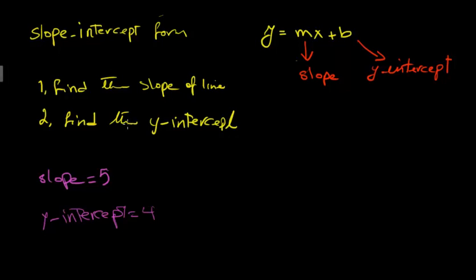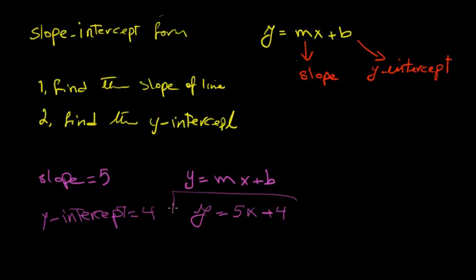So that is easy. Your formula is y equals mx plus b, right? So you plug in the numbers and you'll have y equals 5 times x, or 5x plus 4, and this is your equation.